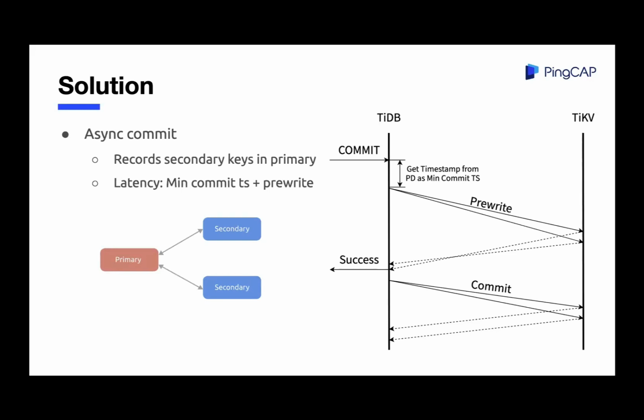So after prewrite, we can consider the transaction a success. We can return success to the client and then commit both the primary key and secondary keys asynchronously. The latency is reduced just like one-phase commit, but the number of keys written to TiKV is the same as two-phase commit because it's still two-phase commit.